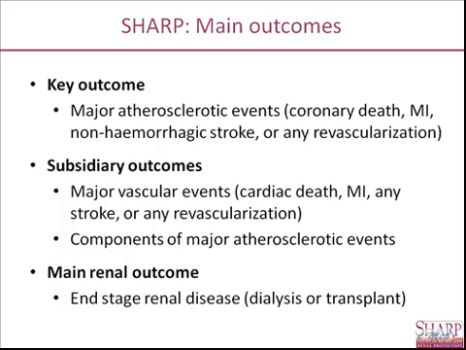So we have 2 key outcomes. One is the major atherosclerotic event outcome, which is coronary death, myocardial infarction, non-hemorrhagic stroke, or any revascularization, which is the new primary endpoint. And here we have the old primary endpoint, which is major vascular events: cardiac death, myocardial infarction, any stroke, or any revascularization.